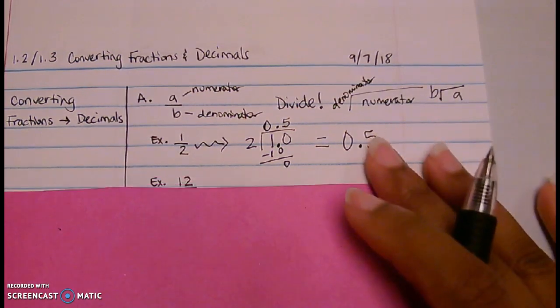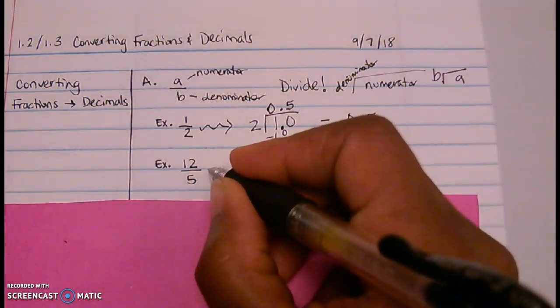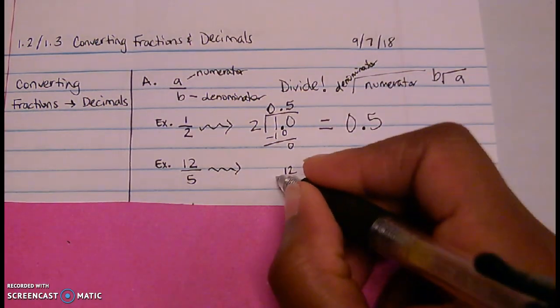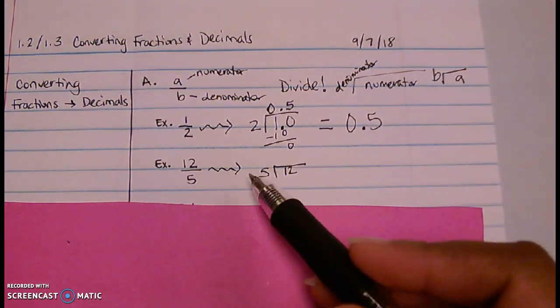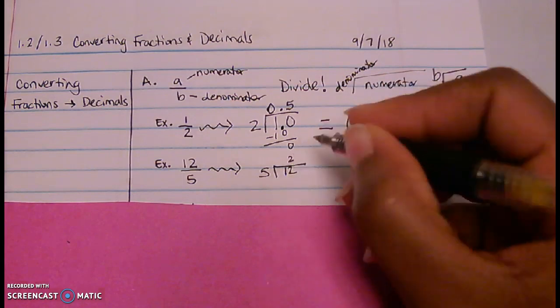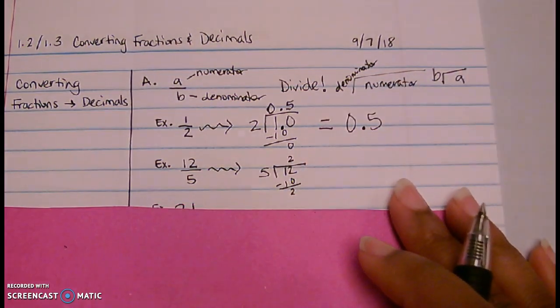If you want to try this one by yourself, you can pause now, or you can watch me solve. Here we go. Same thing. I'm going to set my division problem up as such: 12 divided by 5. 5 cannot go into 1 any times, but 5 can go into 12 2 times. 5 times 2 is 10, which leaves me with a 2 as the remainder.